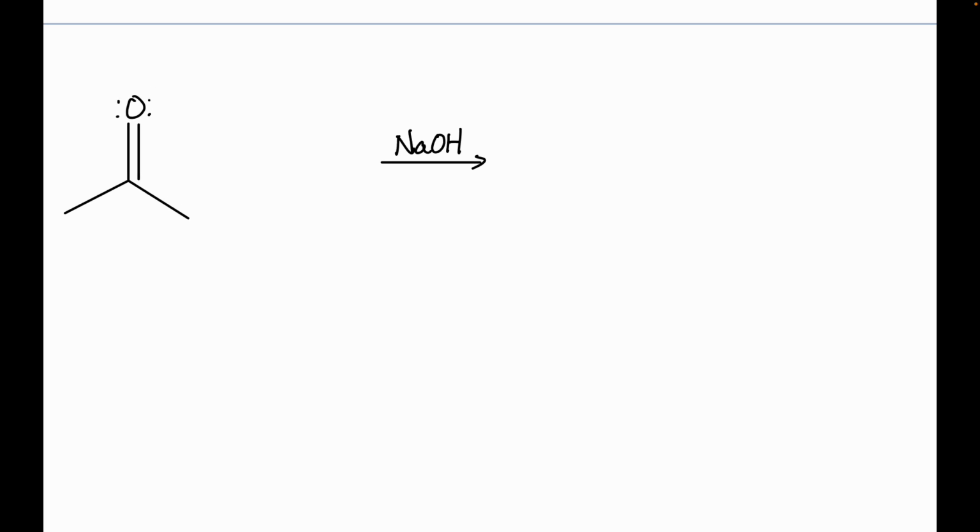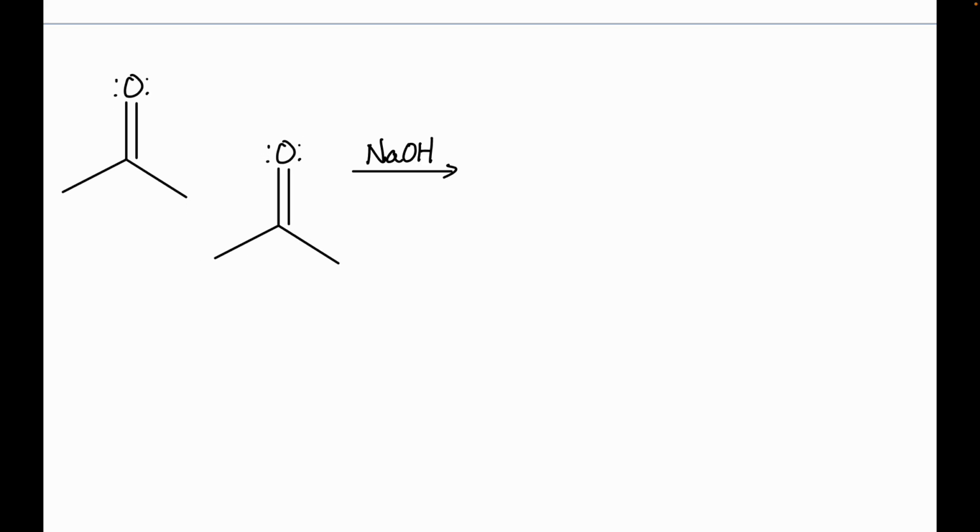All right, since this reaction isn't just going to involve one molecule of acetone, but two, one of them to play the role of the nucleophile, the other one to play the role of the electrophile, I think the most helpful thing to do is to draw two molecules of your aldehyde and ketone, and to indicate in one of them you have your alpha carbon as your nucleophilic site, and in the other one you have that carbonyl carbon as your electrophilic site. All right, I think by drawing those two, it's more helpful in terms of seeing what your product's going to be. So everybody's going to take a second and do the product of this reaction.